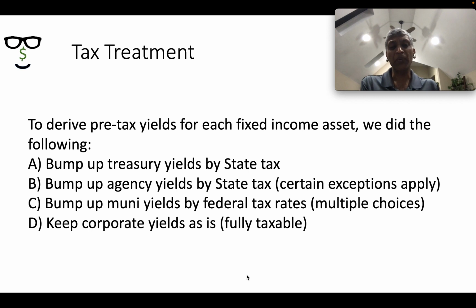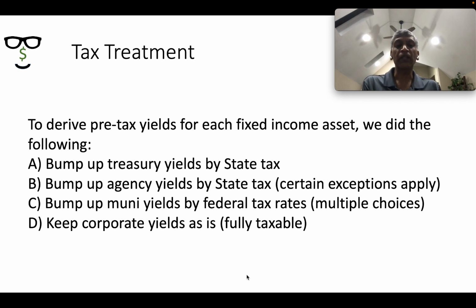So we're going to look at the pre-tax yield of treasuries by bumping up the yield by whatever the state tax is. Agencies, in certain cases, and you should see previous episodes if you do not recollect or you do not know which agency bonds are not state taxable, while which ones are indeed state taxable. And so we're going to pick the ones that are state taxable to give them the best advantage, bump those by the state tax.